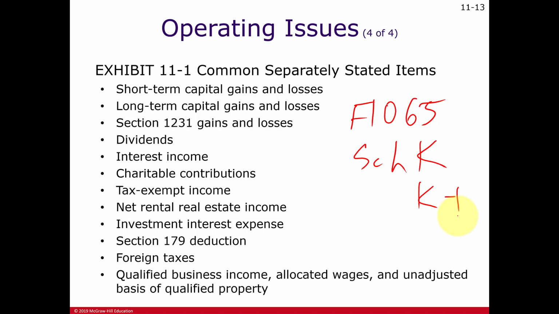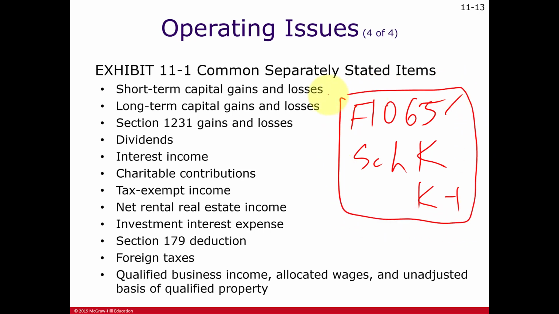The only thing that's different from a partnership's, possibly, that you don't see here for an S corporation, is that we do not have guaranteed payments. We'll talk about salaries or wages going to a shareholder owner of an S corporation. But in the case of a partnership, remember that guaranteed payment treatment where it's going to be income to the receiving partner but a deduction to the whole partnership.